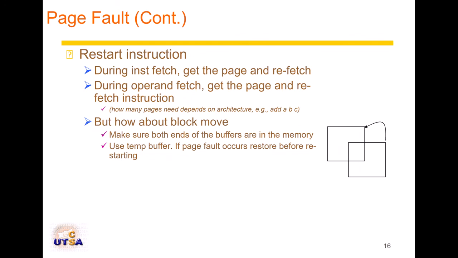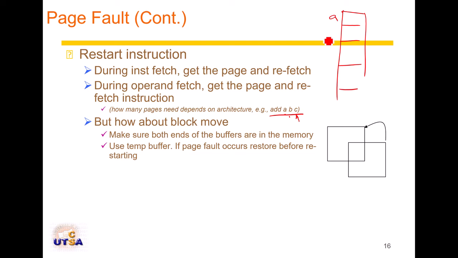We discussed some basic ideas on demand paging, but in real implementation there are a few complexities you have to deal with. For example, let's say you have an instruction that says read the data from variable A, variable B, add them and put the result into C. In this system, for example, each of these variables may be in different pages, right?